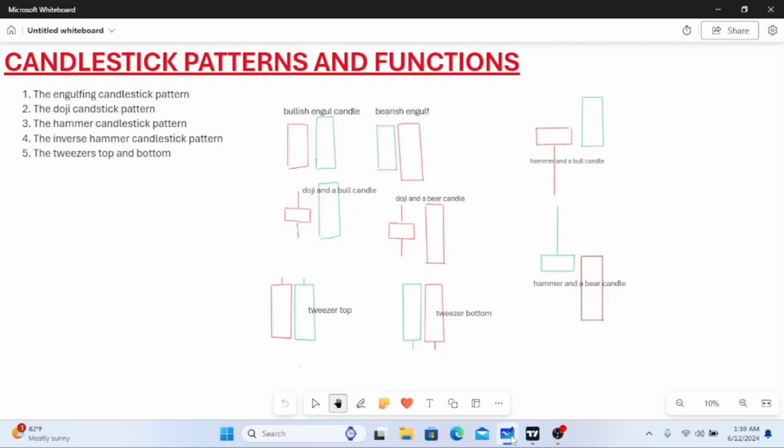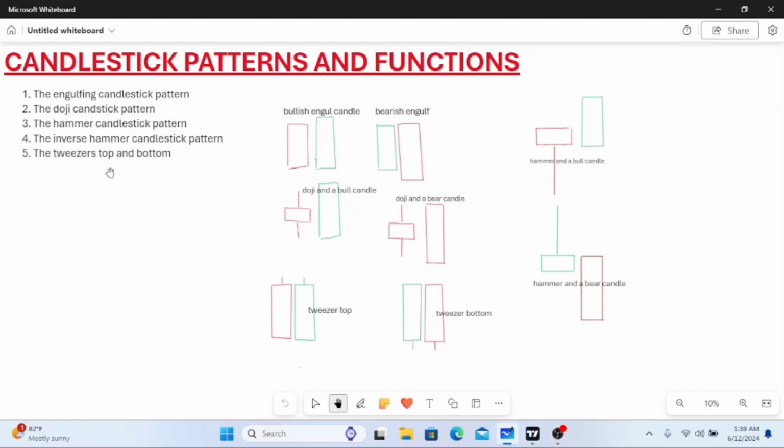Today, I'll be treating us on candlestick patterns and functions. So, we have 5 important candlestick patterns: the engulfing candlestick pattern, the doji candlestick pattern, the hammer candlestick pattern, the inverse hammer candlestick pattern, the tweezers top and bottom.